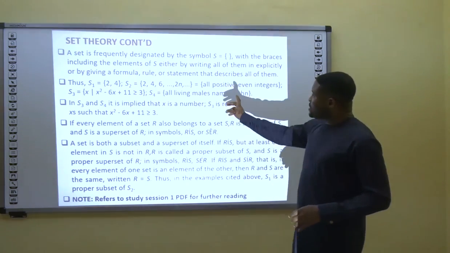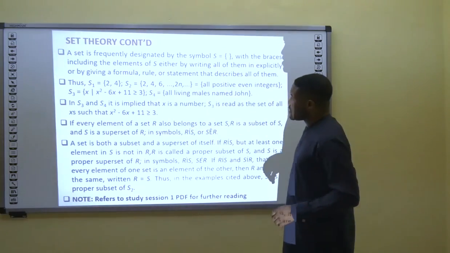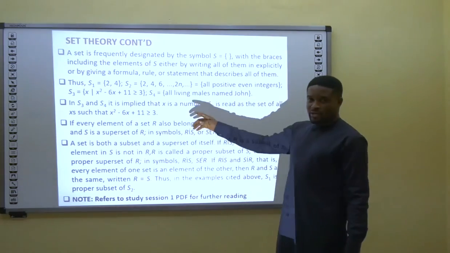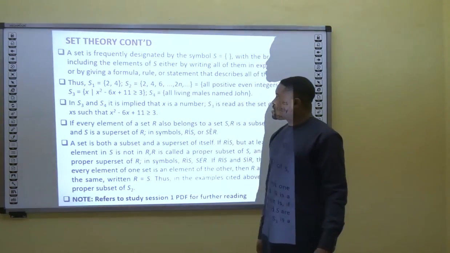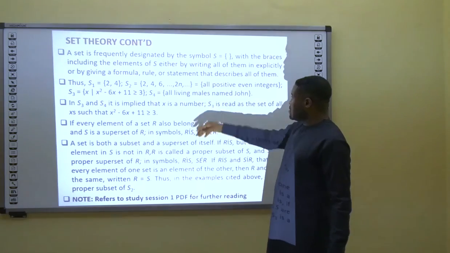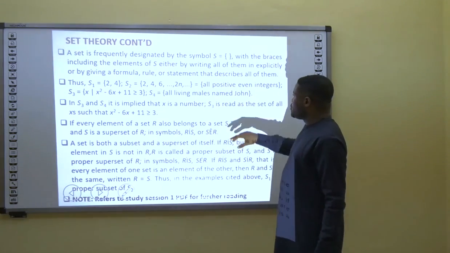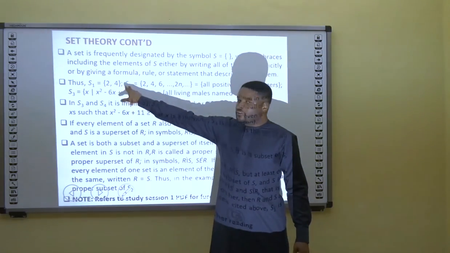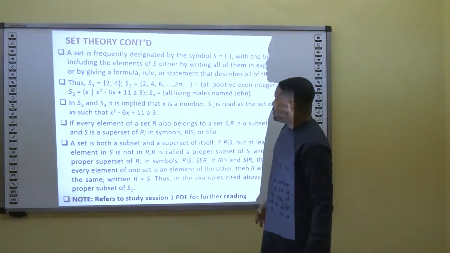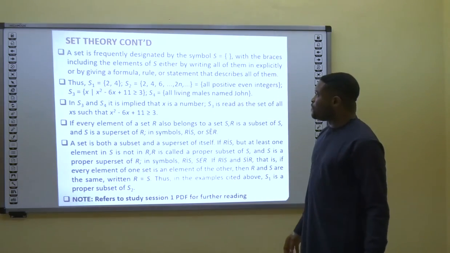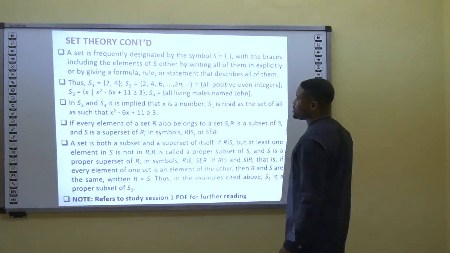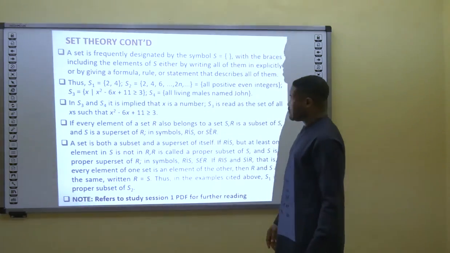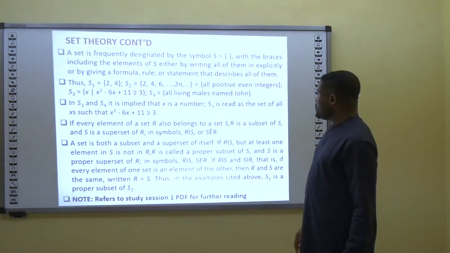Here in this slide, we have S1 as set 1, which has 2 and 4. And then we also have S2, that's set 2: 2, 4, 6, 8, ..., 2n, which equals all even integers. So if you look at the figures inside, they are all even integers. Then we have a third set, which is made up of x given x squared minus 6x plus 11 is greater than or equal to 3.